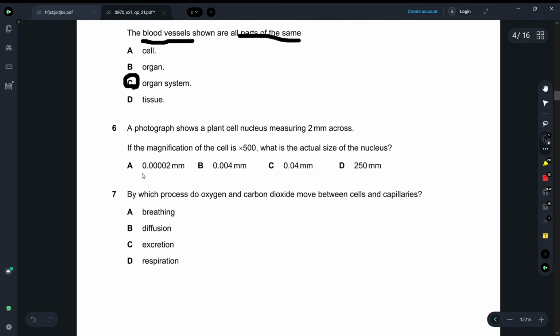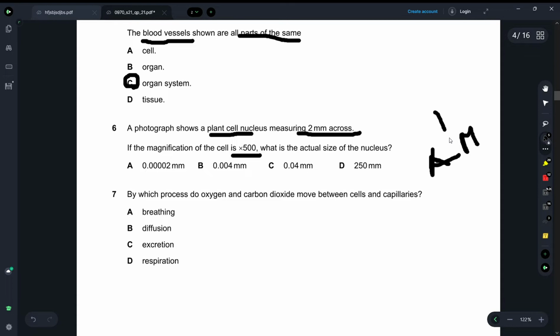Okay, question 6 is a mathematical question. A plant cell nucleus is measured about 2 millimeters across and the magnification is 500. For this you should always know the equation, I=AM, which I remember easily because it's simple.